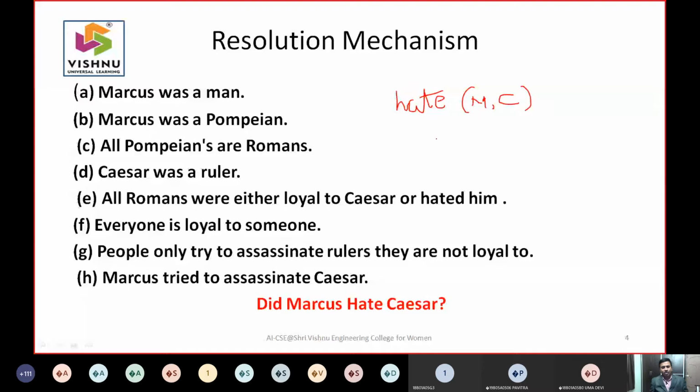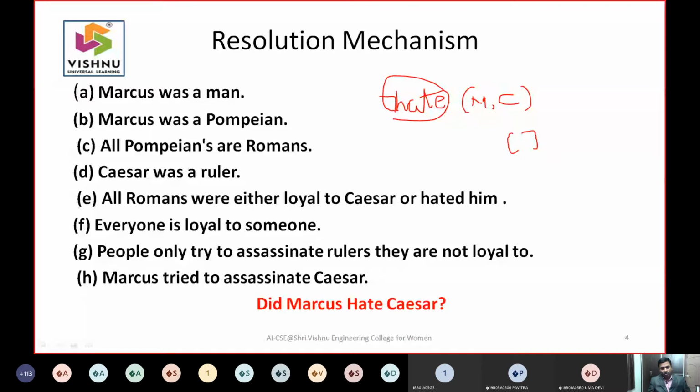So when you say that Marcus hates Caesar, in general resolution takes the negation of the statement and tries to infer. By the end of the day, if you have open braces like this, it means whatever inference we take is wrong. So obviously Marcus hates Caesar will become true at some point of time.